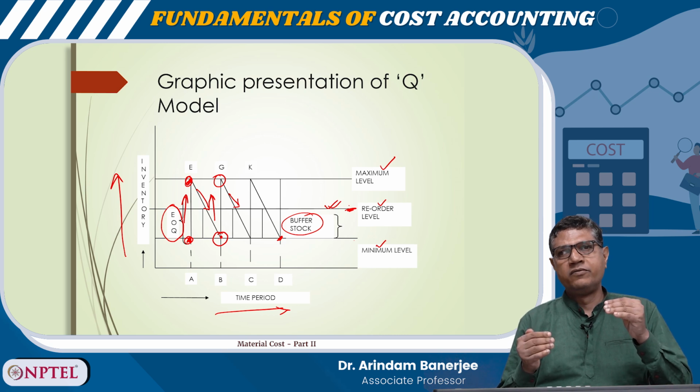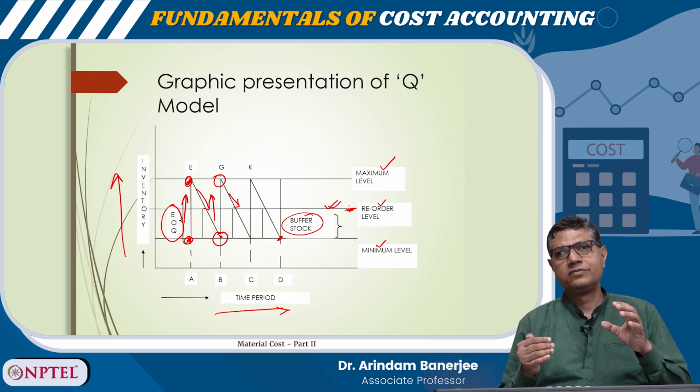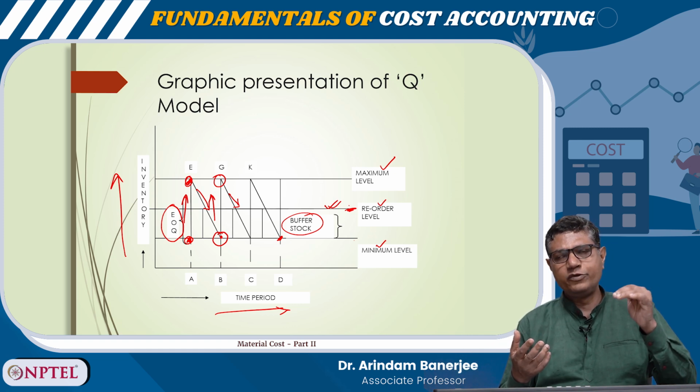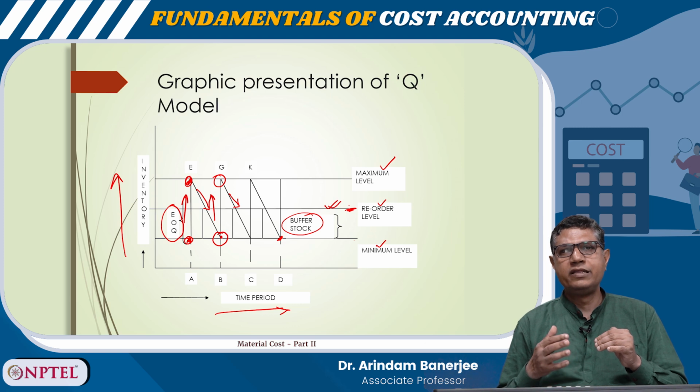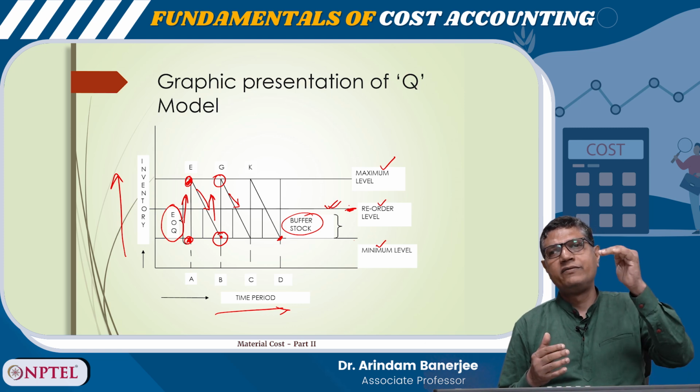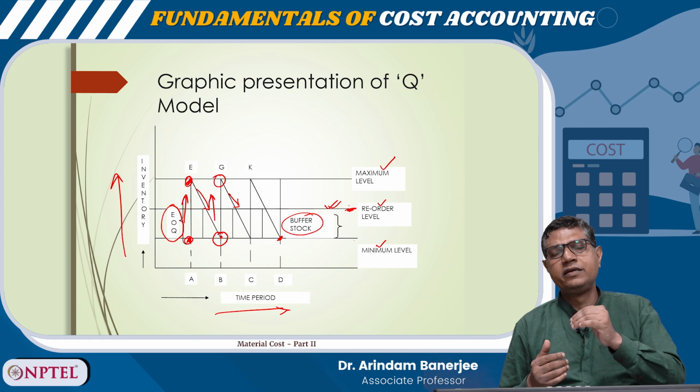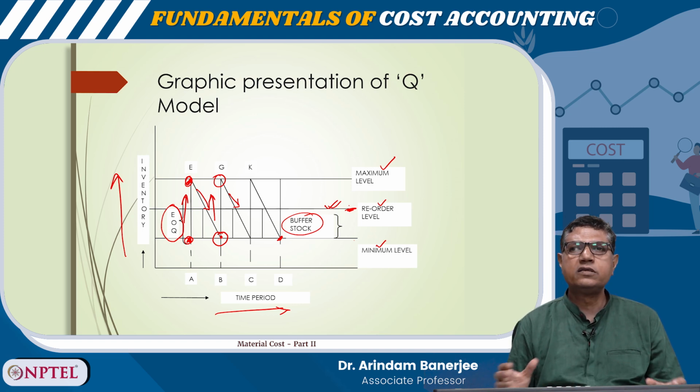And once the order is placed, the quantum of order will be the EOQ, right, and the consumption continues after placing the order and gradually it comes to the minimum stock level. By that time the new stock arrives. When the new stock arrives, the stock level again goes up and then again it gets consumed. So, the process goes on over the time.